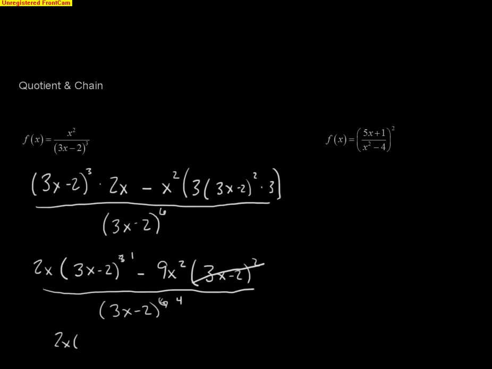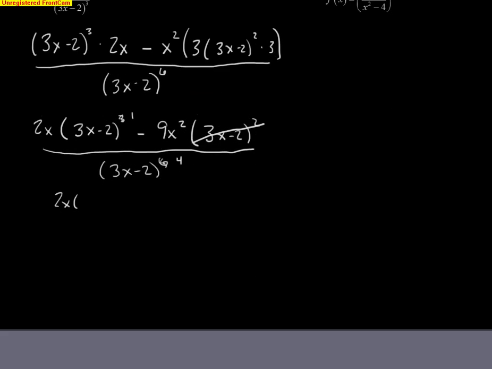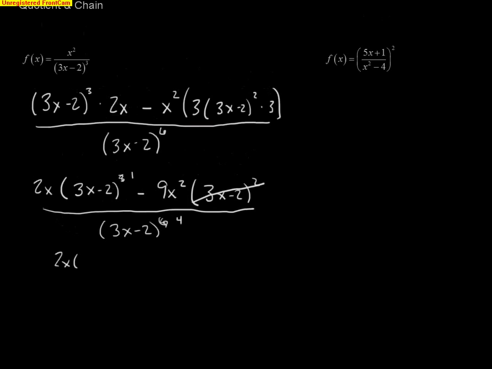We'll have a 2x and a 3x minus 2 minus a 9x squared, 3x minus 2 quantity to the 4th.